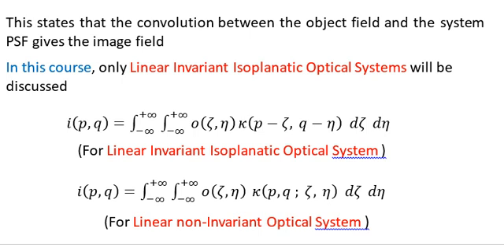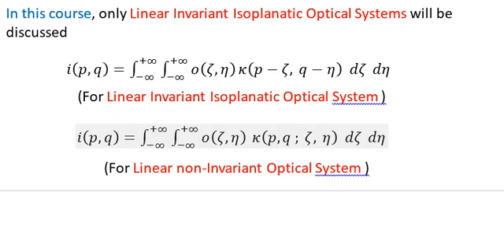Now here we are specifying the integrals very clearly for the isoplanatic system and for the non-isoplanatic system, that is, for the invariant system and for the non-invariant system. The convolution integral can only be written for the invariant system, so you see that this integral is the convolution integral, and this is applicable for linear invariant isoplanatic optical systems.